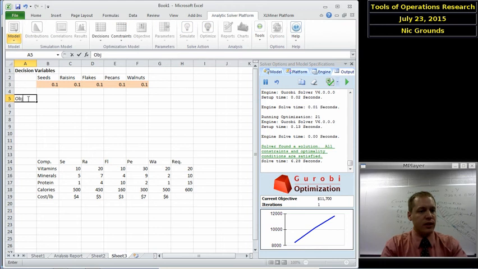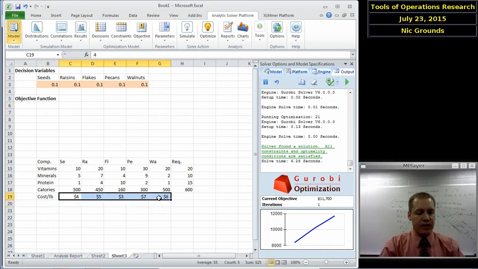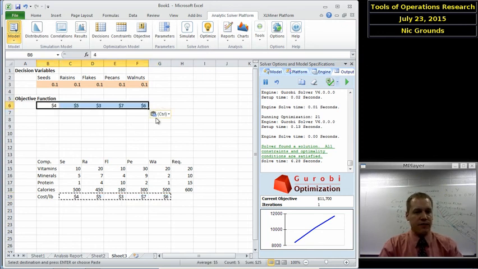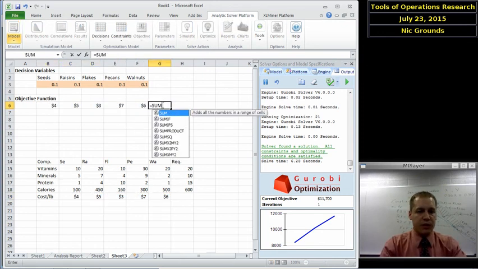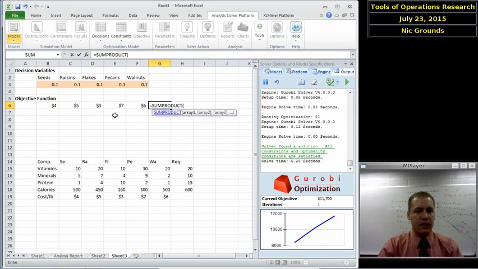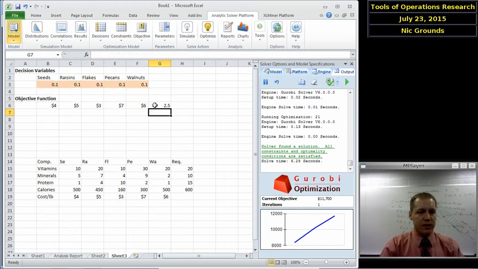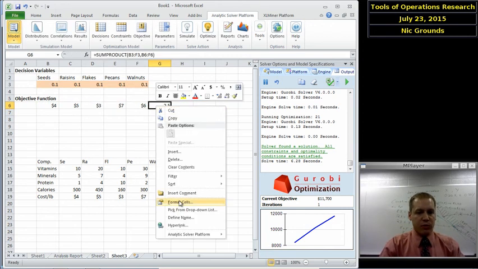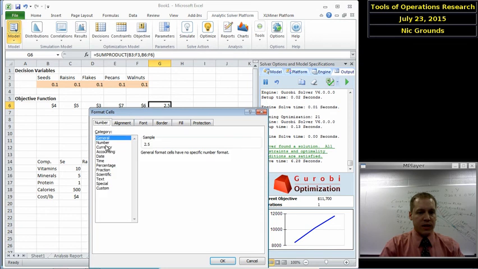Step 2, objective function. Okay. The objective function is going to be a linear function of our decision variables. So we're just going to take those cost values and compute the sum product, our decision variables multiplied by their corresponding cost, all added up, and that will become our objective.